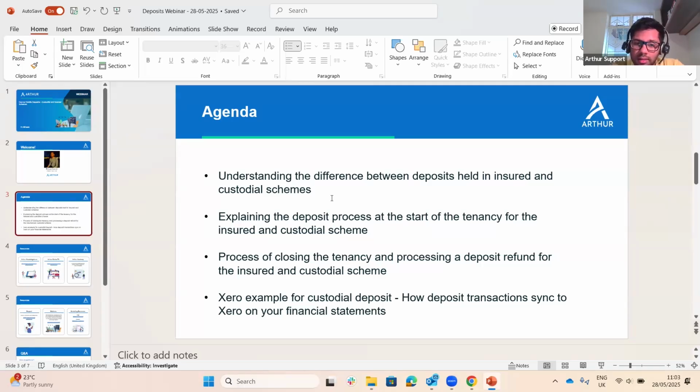We'll then be looking at closing the tenancy and refunding the deposit for the insured and custodial scheme. And then finally, we'll also look at an example of how the custodial scheme works between Arthur and Zero, and how transactions in Arthur sync across to Zero for deposits held in the custodial scheme.